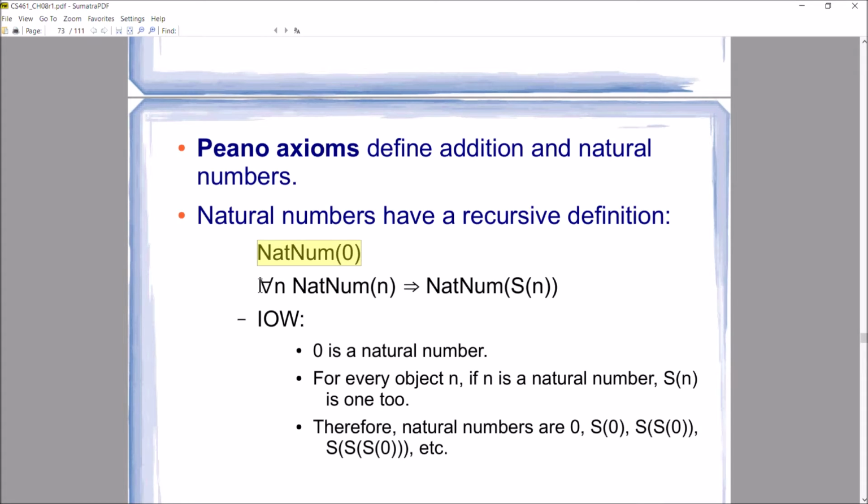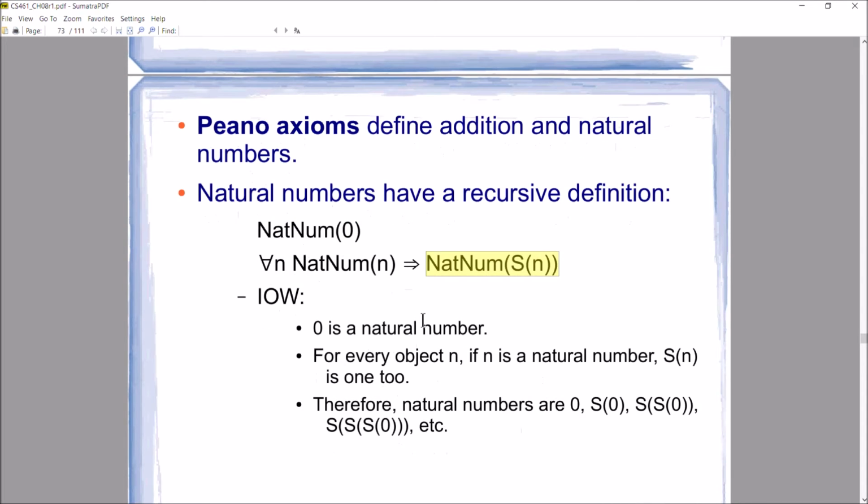And so we can say, okay, well, for all numbers, for anything that's a number, for all objects n in this domain, if it's a natural number, that implies that there's going to be a successor number for that number, right?